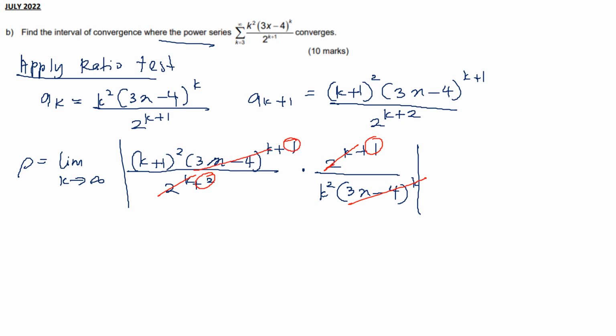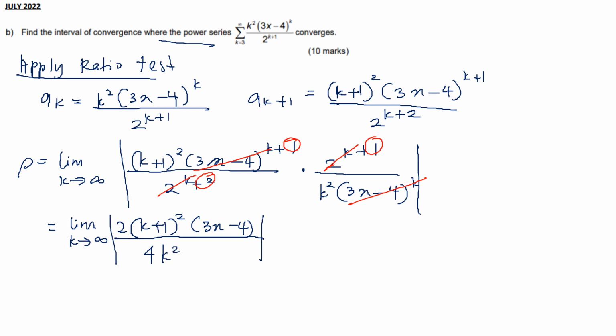So as you simplify, you will get limit k approaching infinity, (k plus 1) squared (3x minus 4) times 2 over 2 to the power of 2, which is 4, k squared.